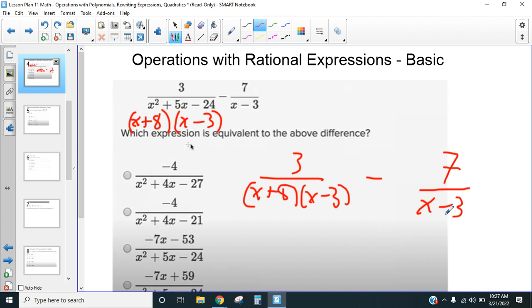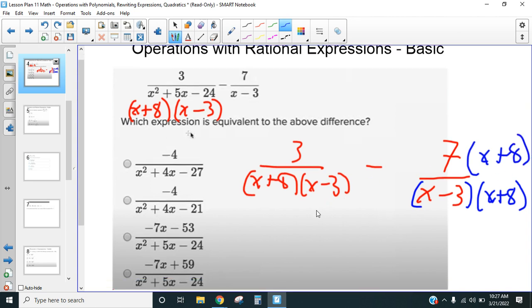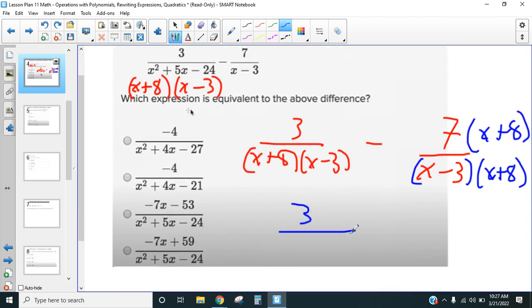So in order to make them have a common denominator, we need to multiply the fraction on the right by something. And we're going to multiply it by x plus 8. But we can't just multiply one part of the fraction. We have to multiply the top as well. If we do that, we end up with 3 over this stuff.